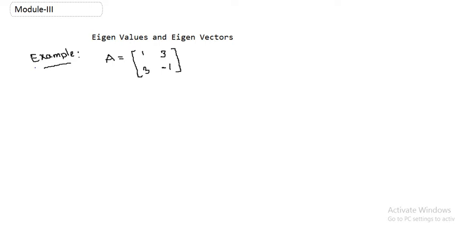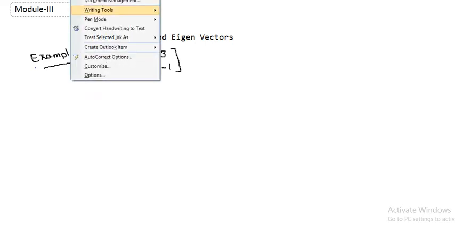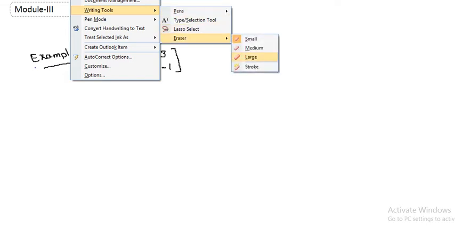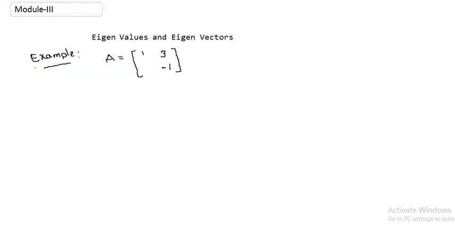First, instead of 3 let me take 0 over here, so that we can work with a simpler form. We don't have to work with a difficult one. So here is the matrix 1 3 0 -1.